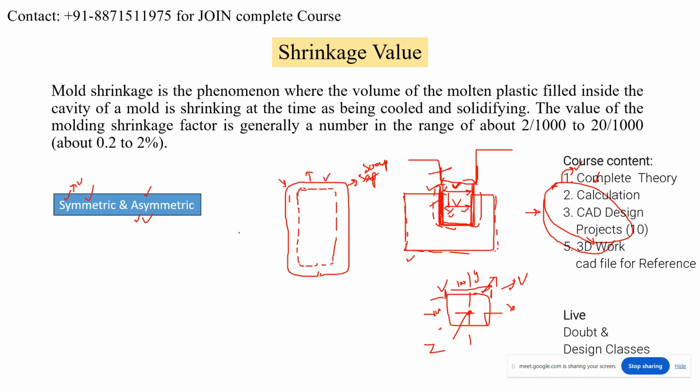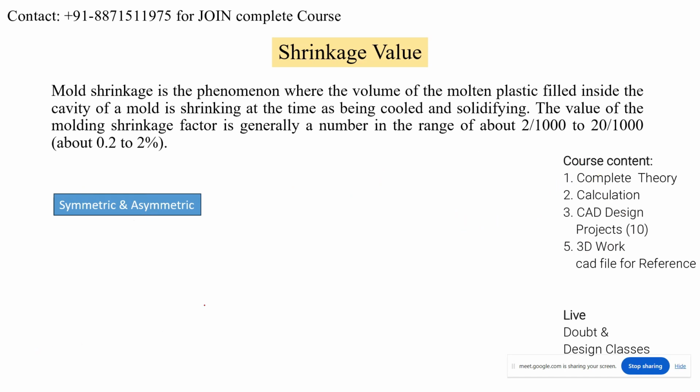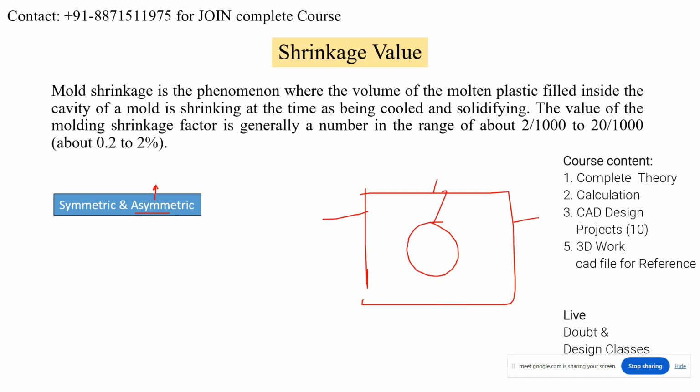Not quite understood or confused? Confused. Now you remember one thing: asymmetric dimension is used, for example, when we have a component like this with lots of dimensions and we are trying to control a specific dimension.